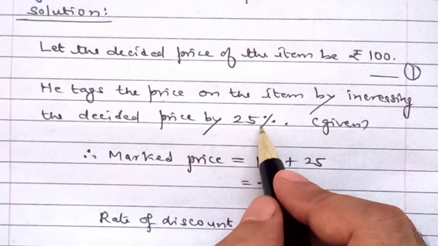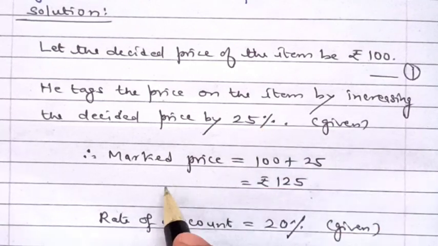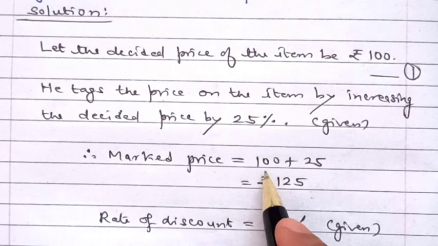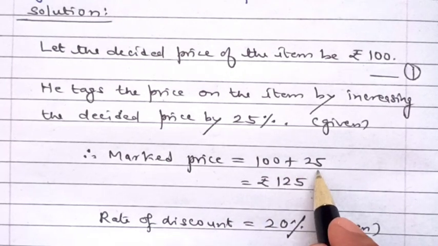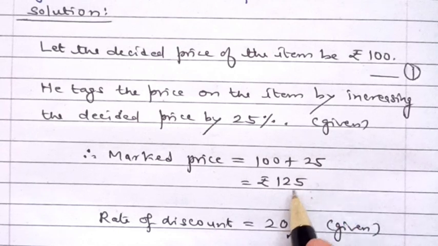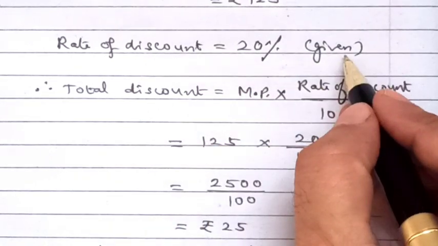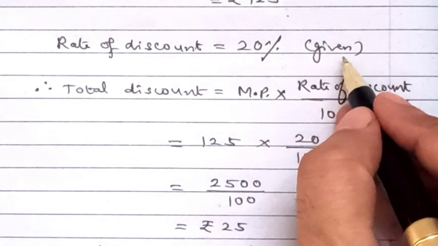Now he increases the value by 25%. So the mark price becomes rupees 125, because 100 plus 25 gives you rupees 125. Now rate of discount is 20%, which is given to you, 20% on the mark price.